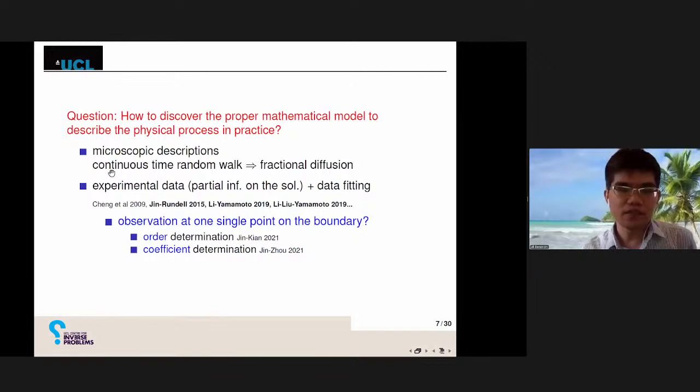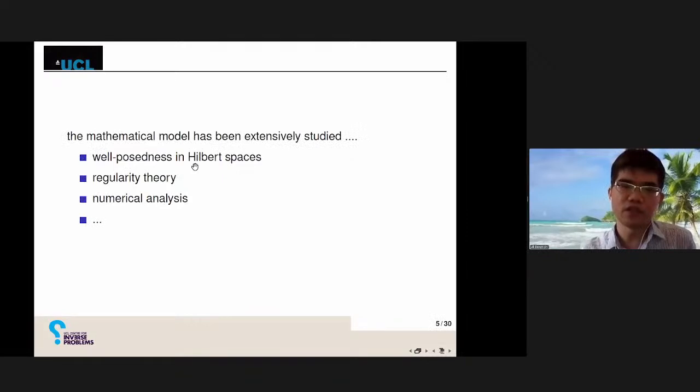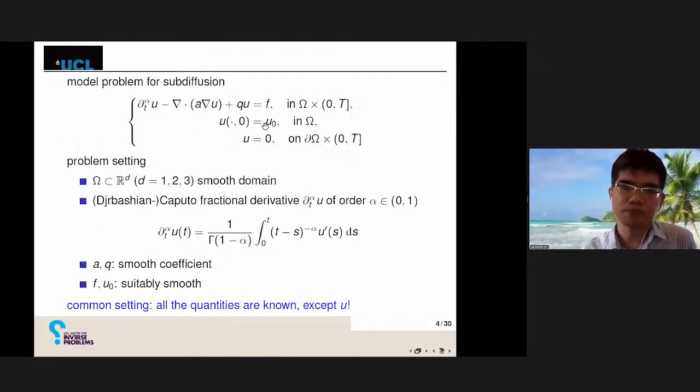So in this talk, I will focus on the second approach. We just assume that we have measured some data, which is corresponding partial information about the solution. And we do a very simple data fitting and try to convince ourselves that actually we can figure out some of these parameters in this model.